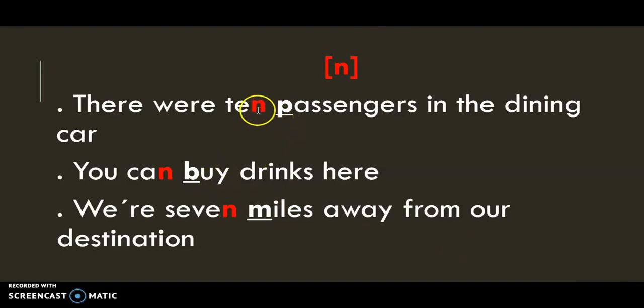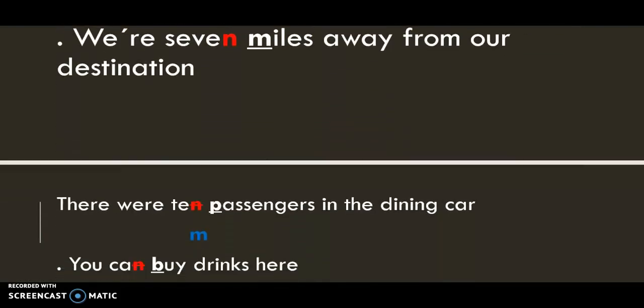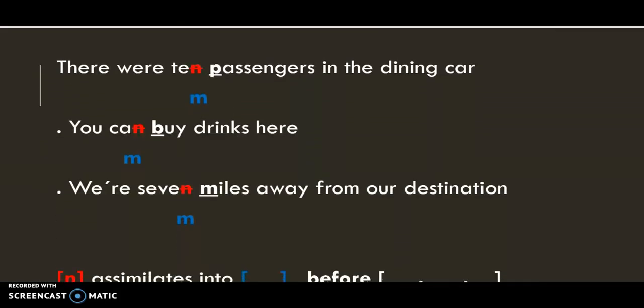Do you say ten p, ne p, can b, seven m, or ten passengers can buy seven miles? Actually, what you're probably saying is this: ten passengers can buy seven miles.